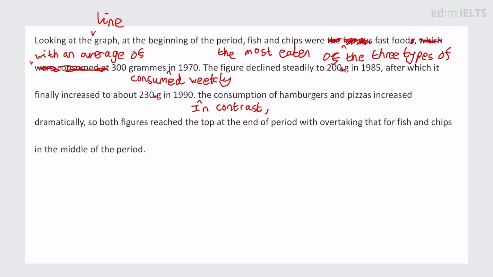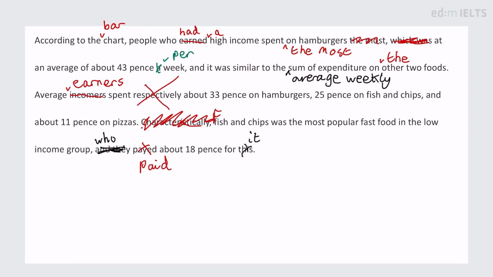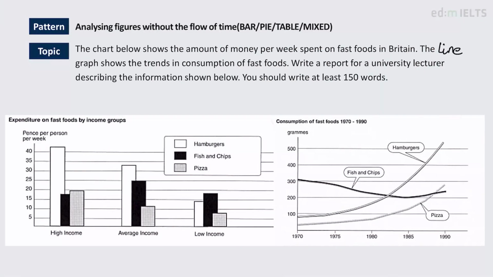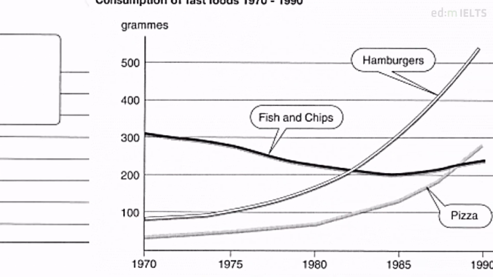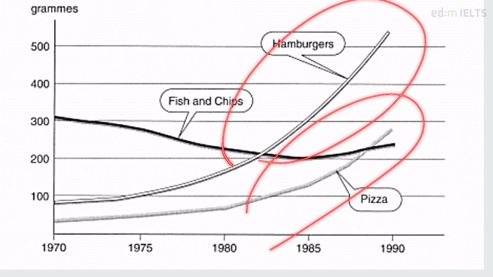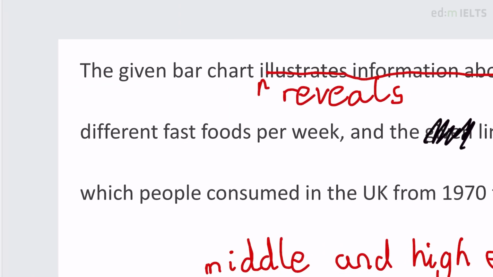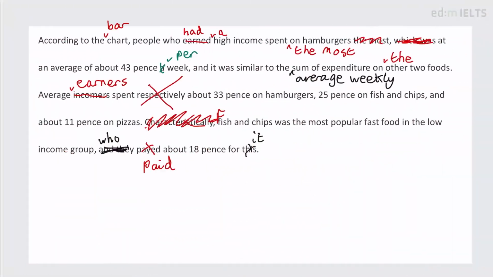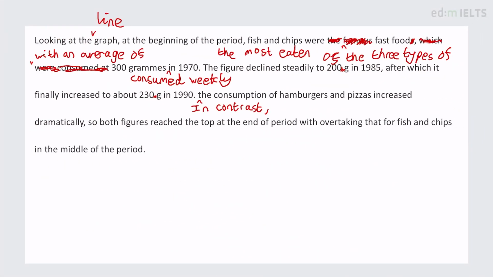Well, first of all, "dramatically" is true. There's no question about that. They go up a lot. But I'm going to change that word anyway, because it's talking about rising to reach a high point.